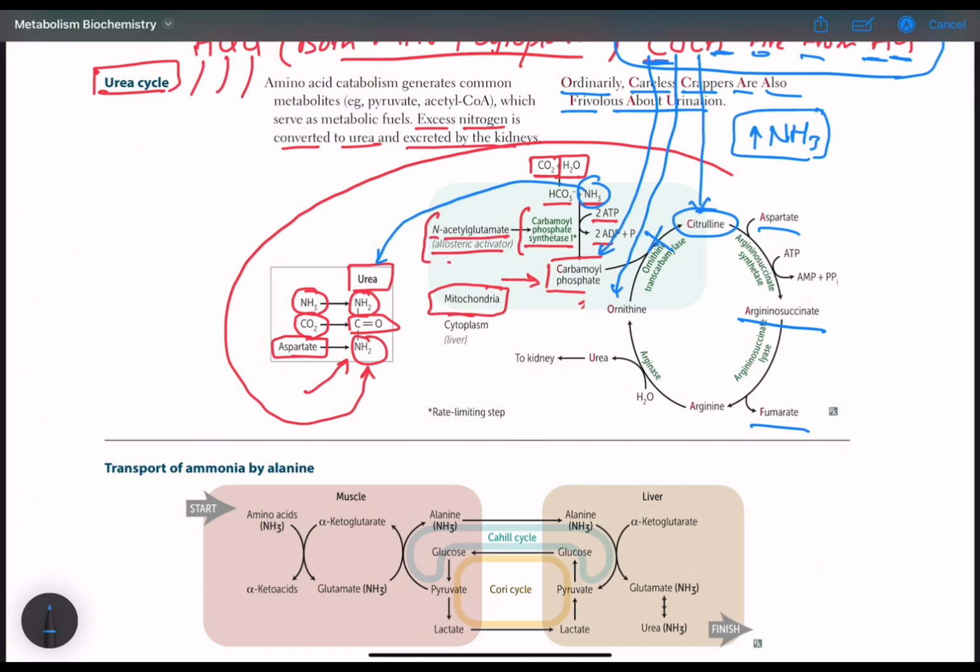Other than that, the reactants or the products backward of the enzyme will also increase. So in case of ornithine transcarbamylase, we will have high levels of carbamyl phosphate. In case of argininosuccinate synthetase, we will have high levels of citrulline in addition to hyperammonemia. In case of argininosuccinate lyase, we will have high levels of argininosuccinate, and in case of arginase deficiency, we will have high levels of arginine.